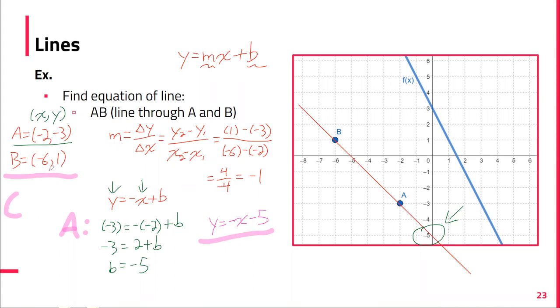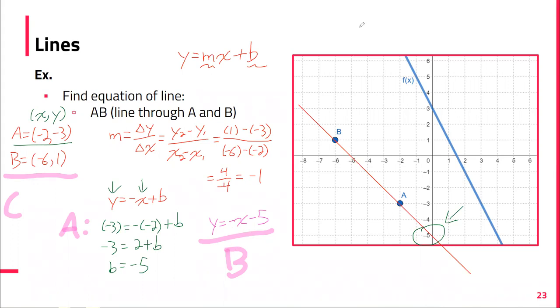If you can find some other point that you haven't used yet to confirm your final results, that's the best way. So B would be the better choice here. I'll skip that step, it's not very hard, but that would be a more reliable choice in this case.